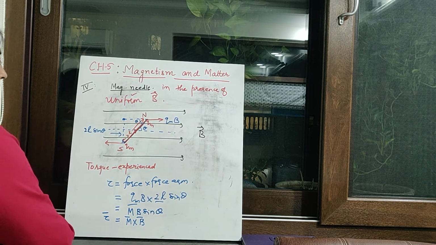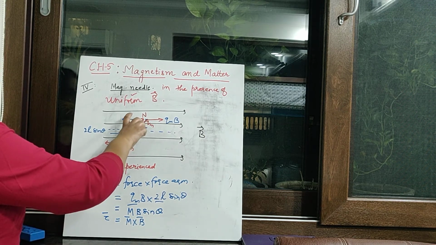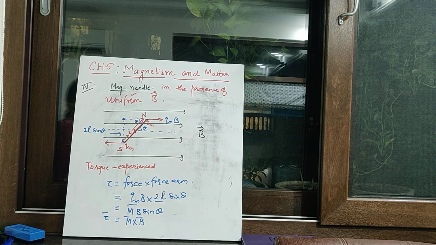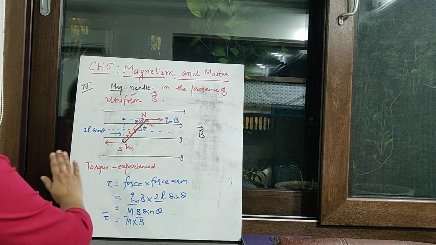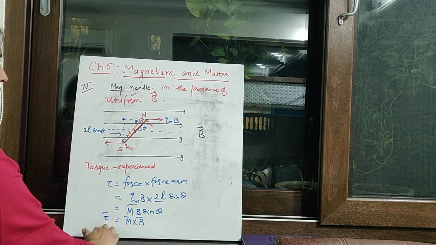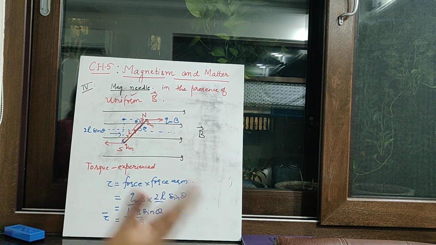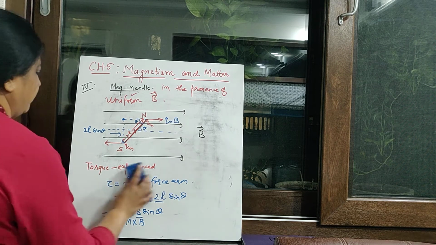Now, if we want to rotate it by a small angle d theta, then we will have to do some work. So I'm just erasing this. You note it down: torque is equal to m cross B. Note down the work done in rotating the magnetic needle in the presence of the magnetic field.